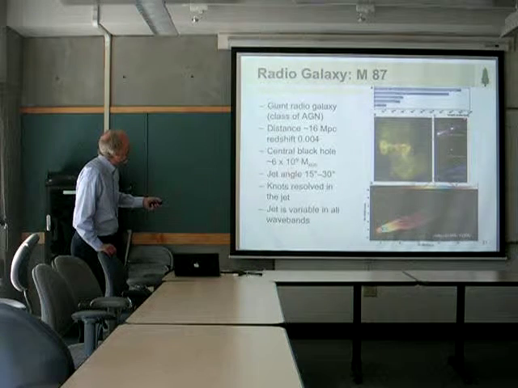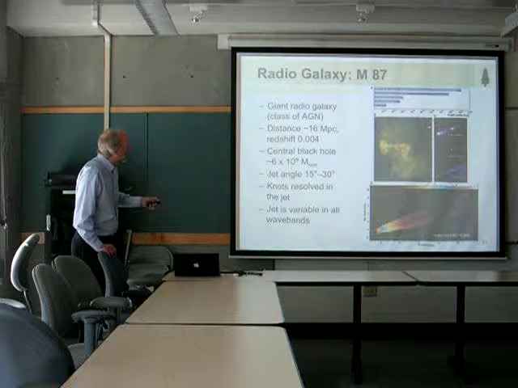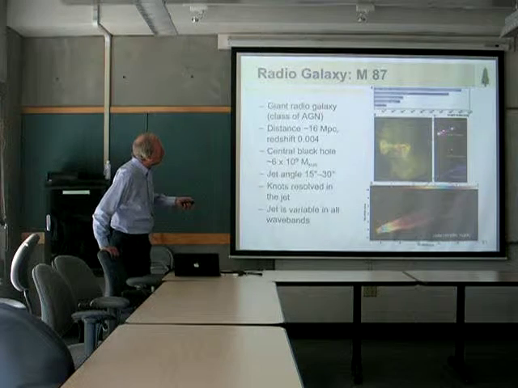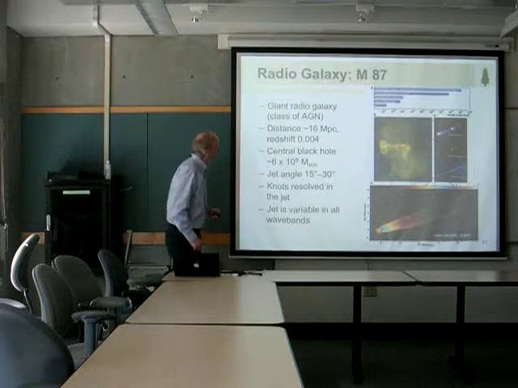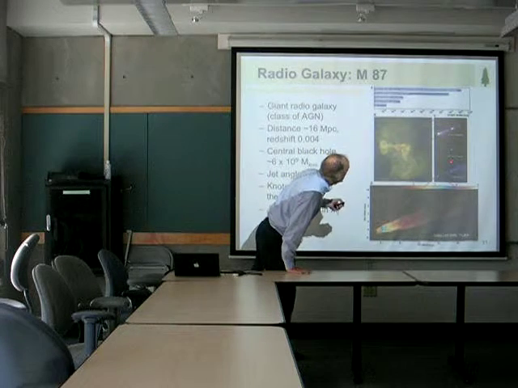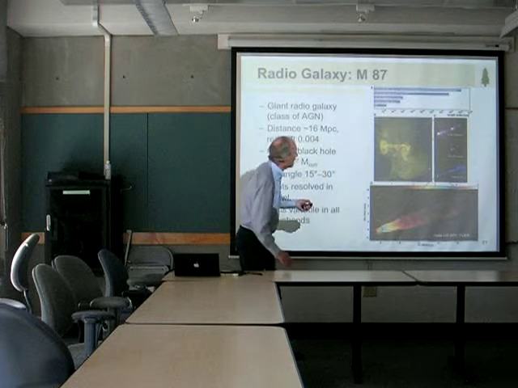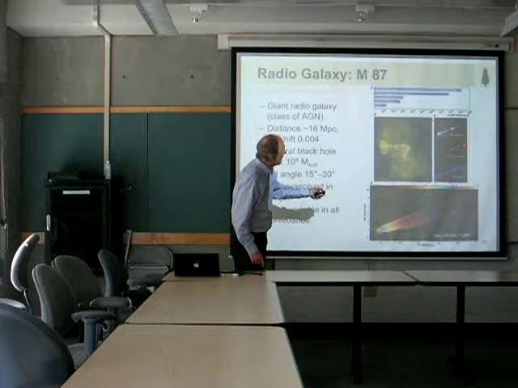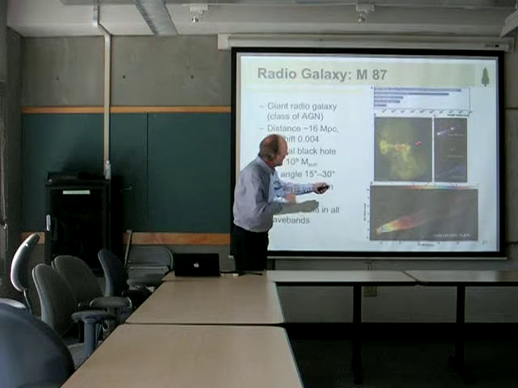And then if you zoom in to the central region with instruments that have very high resolution, Chandra in X-rays, the Hubble Space Telescope in optical, and radio observations, you can see that at the center there's a jet shooting out from the center.